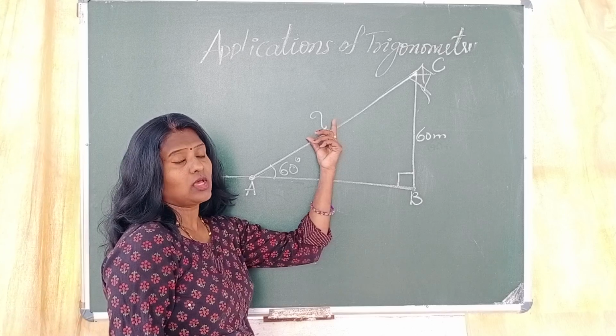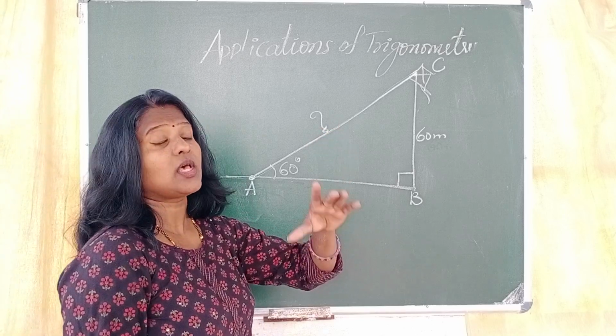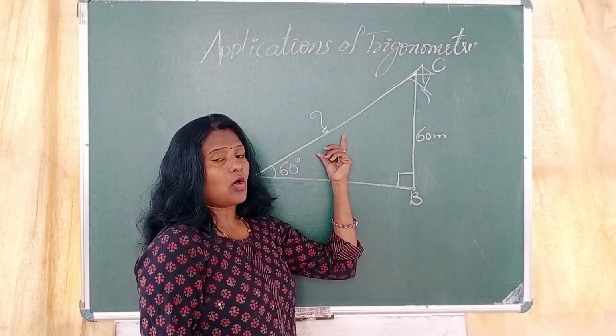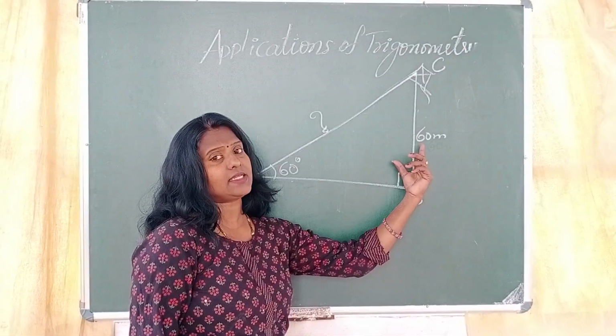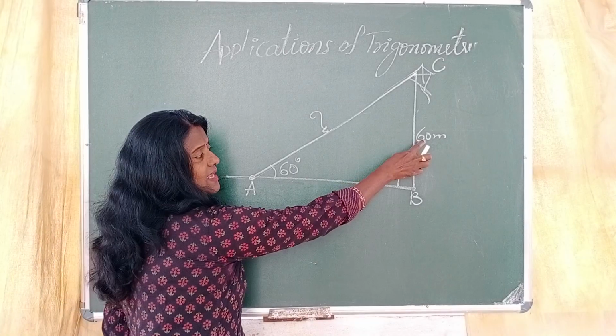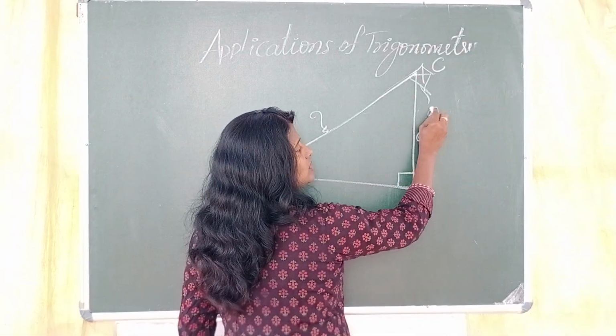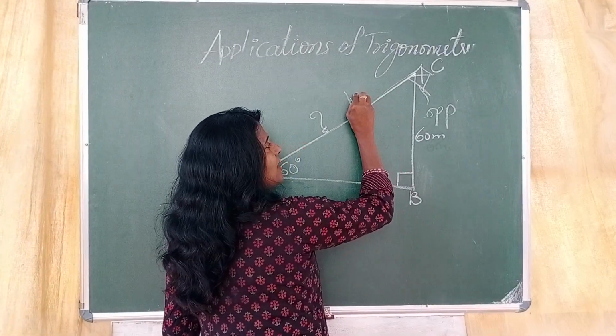Hypotenuse I have to find out. The other side that is given is opposite to 60 degree, is it not? So this is opposite and this is hypotenuse.